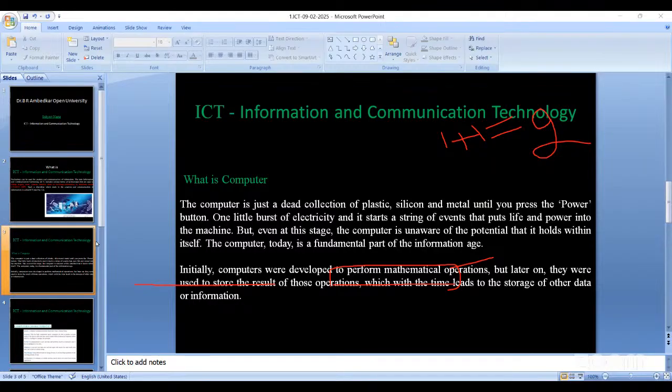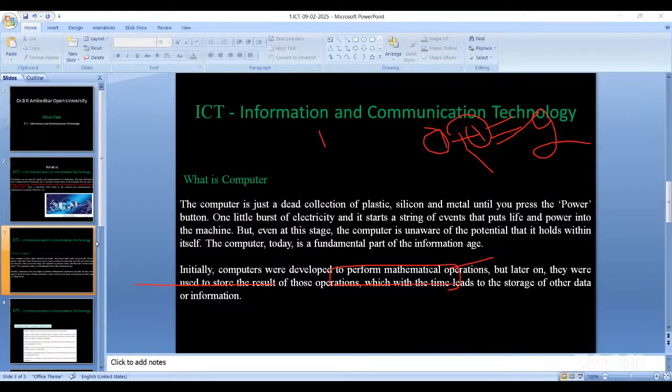As human beings, we know it is 2. But how will the computer understand this 1, this symbol, and this 1? How is this data understood by the computer?